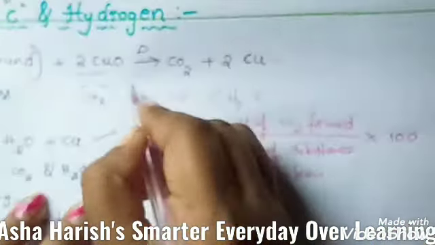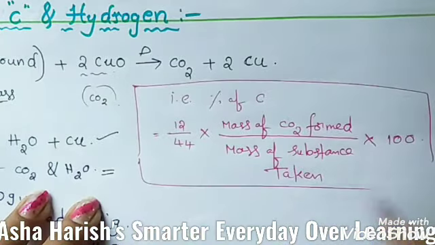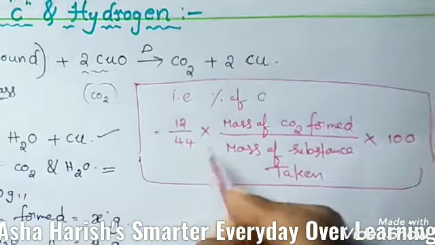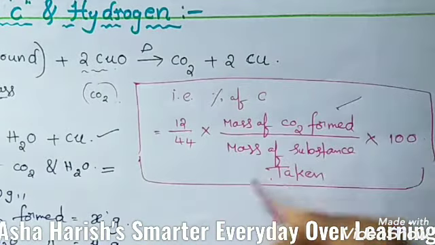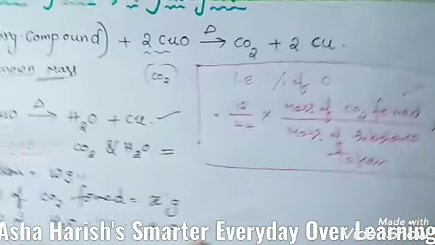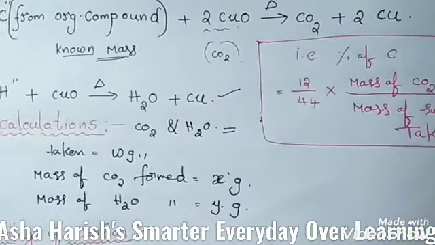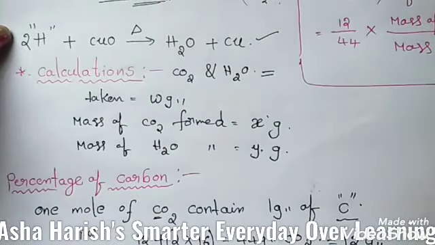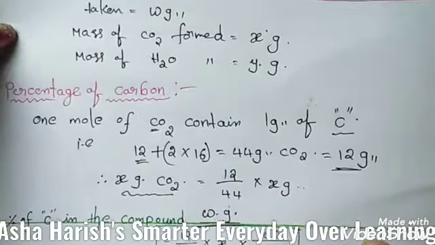This is the complete calculation of the percentage of carbon based on the molecular mass of CO2, 12 and 44. This is the formula.